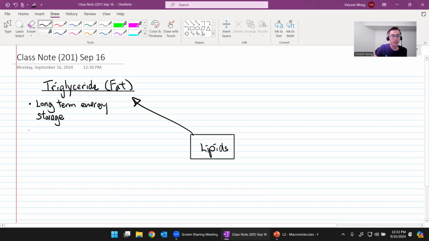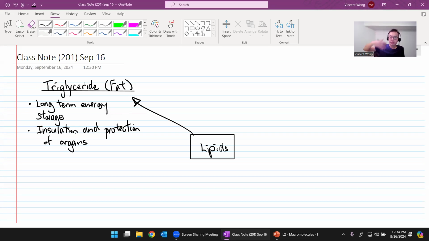And we also need fat for insulation and protection of organs. To insulate an organ means you are gonna keep it warm, and you can protect them by providing some cushioning or some bubble wrap around the organ. So if you fall down, you're not gonna hurt your kidney or something like that. Those are the key main functions of fat.